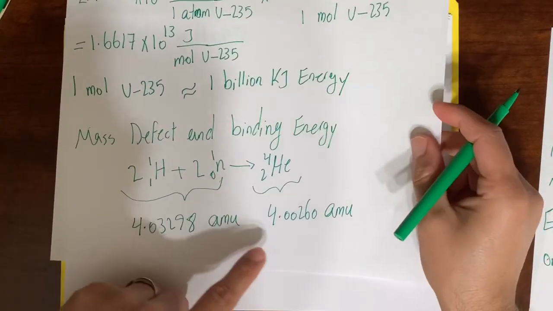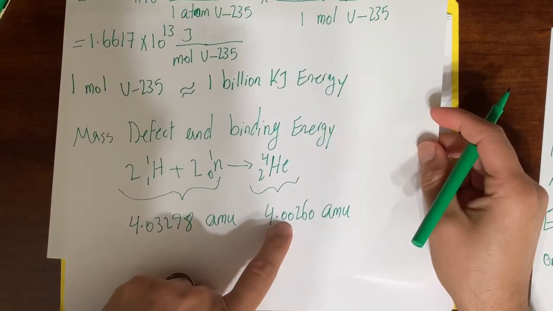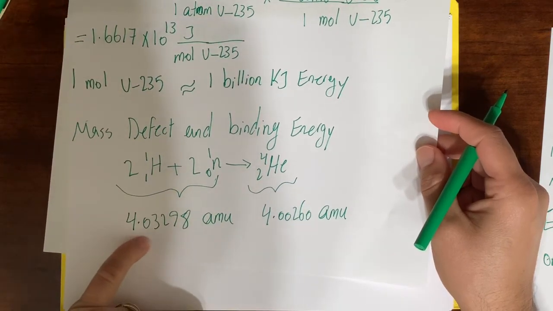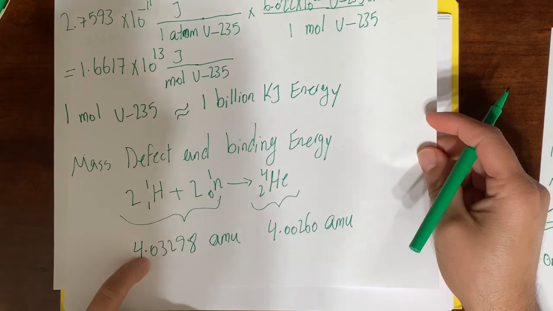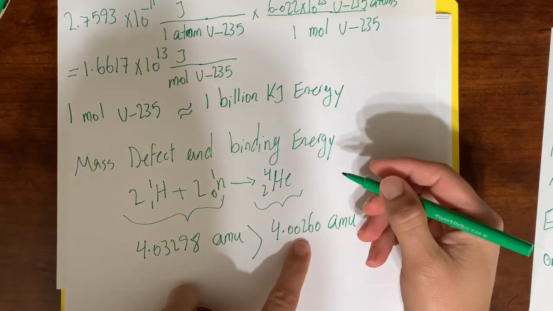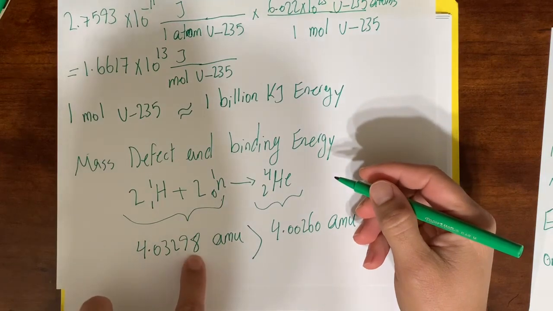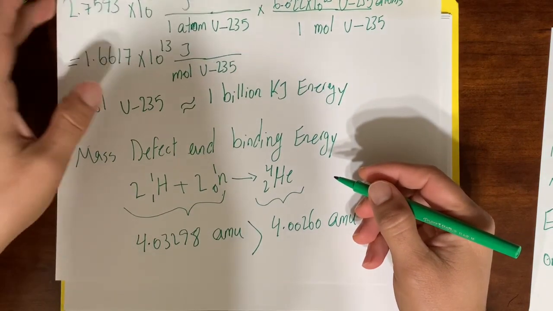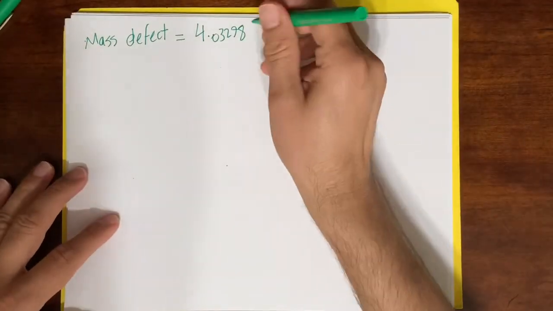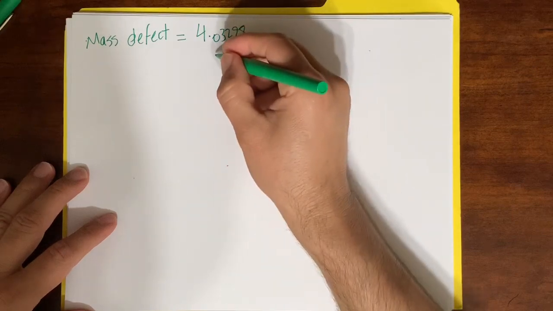So whatever is left is 4.00260, and this is the initial one. Initial one is higher. So if I subtract the final mass from the initial, I will get the difference between them. So I will subtract whatever is left from the initial mass.